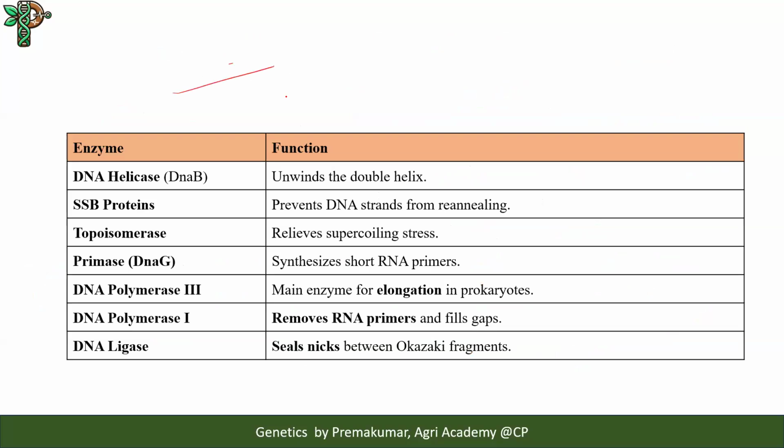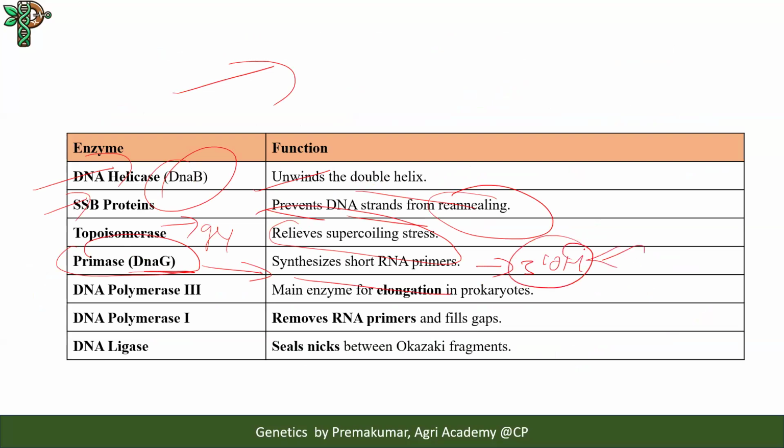In summary, how replication happens in prokaryotes: first DnaB protein will come and unwind the double helix DNA, then SSB protein will prevent the DNA strands from reannealing, then topoisomerases like gyrase will release the supercoiling, then primase DnaG synthesizes short RNA primers, which provide the 3' OH, so that DNA polymerase makes use of this free 3' OH and adds the nucleotides continuously. DNA polymerase 3 is the main replication enzyme, which adds the nucleotides.